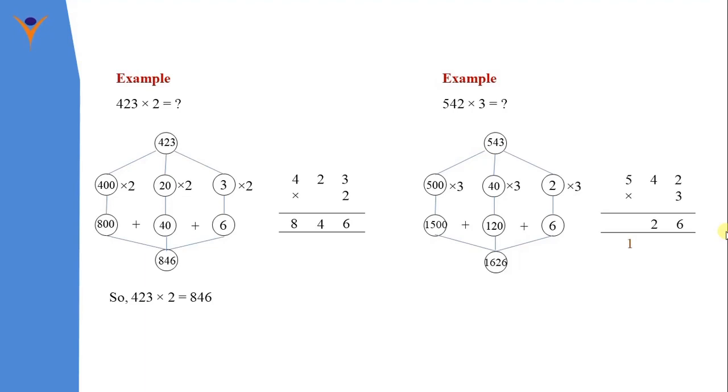Okay, so 3 times 5 is 15. 15 plus 1 is 16. And that gives us 1626, which is exactly the same as the previous answer. Excellent. All right. So you see, whichever method you use, you arrive at the same answer.